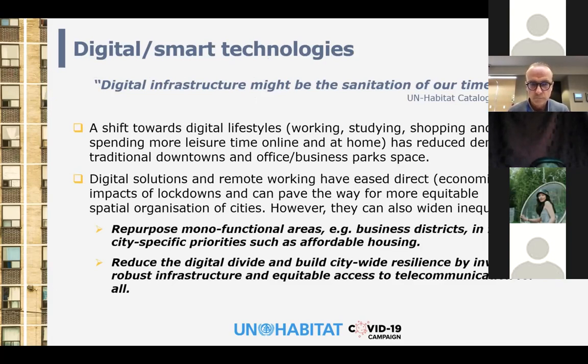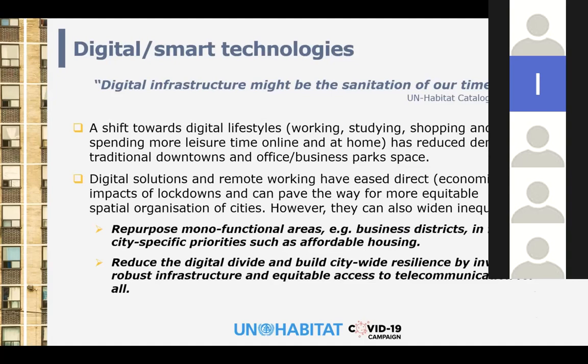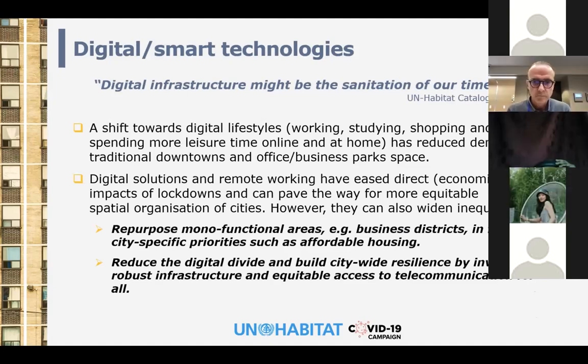However, they can also widen inequalities if not provided in a consistent manner. Repurposing of monofunctional areas such as downtowns in favor of city-specific priorities such as affordable housing is an opportunity. Reducing the digital divide and building citywide resilience by investing in robust infrastructure and equitable access to telecommunication for all is a key recommendation.